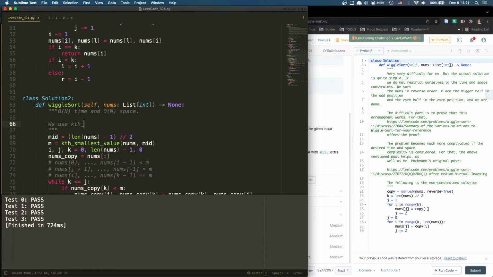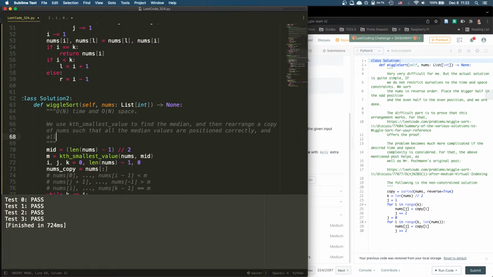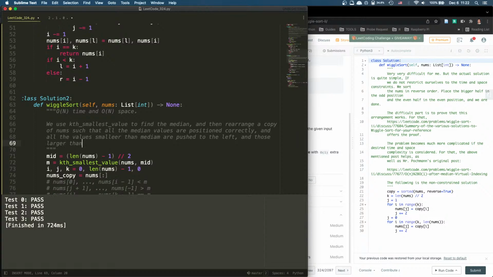We use kth smallest value to find the median, and then rearrange a copy of nums such that all the median values are positioned correctly and all the values smaller than median are pushed to the left, and those larger than median pushed to the right.